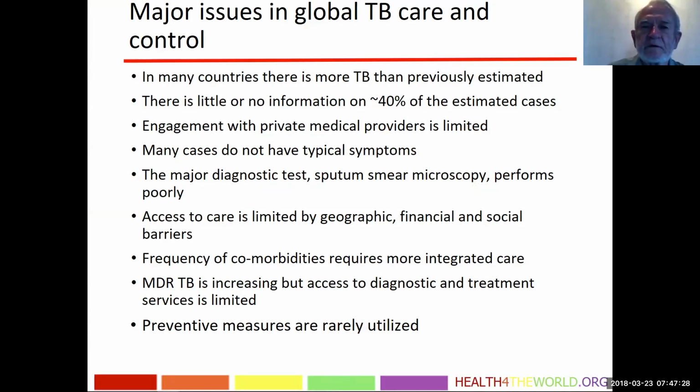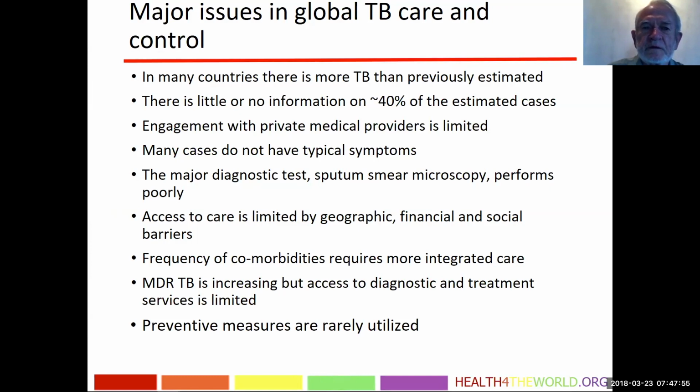Importantly, and related to this 40% gap, engagement with private medical providers is really quite limited. And the thinking is that many of these 4 million cases that comprise the gap between the reported and the estimated are actually in care in the private sector, but without notification of the cases to public health authorities.